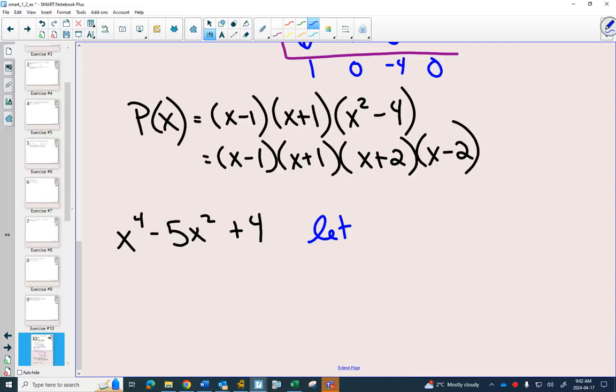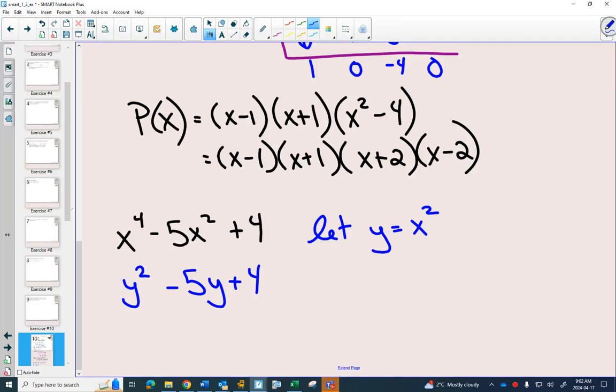Y. Let y equal x squared. Because then I can rewrite this. Instead of 5x squared, it would be minus 5y. And what would it be instead of x to the 4? It would be x squared times x squared, which would be y squared.